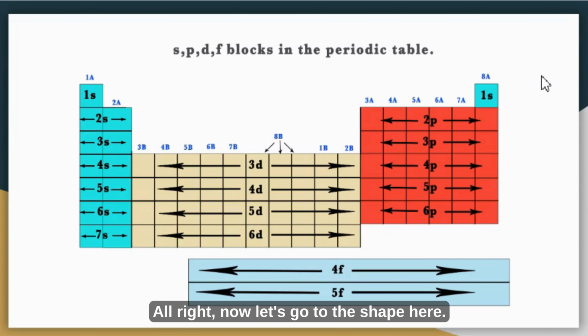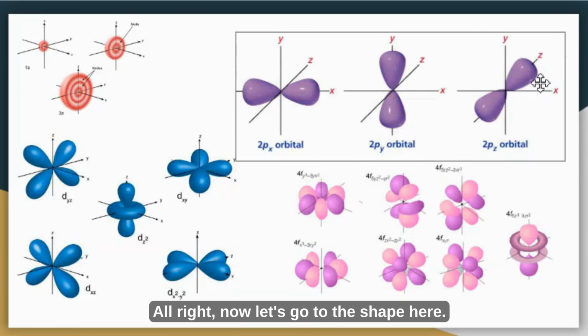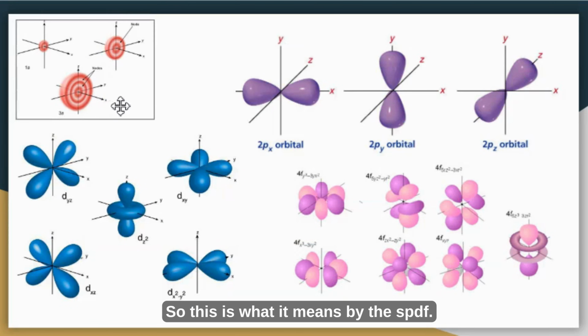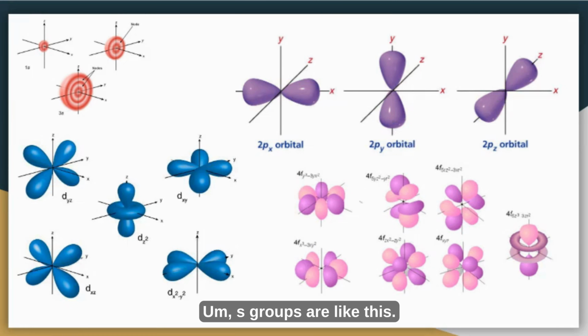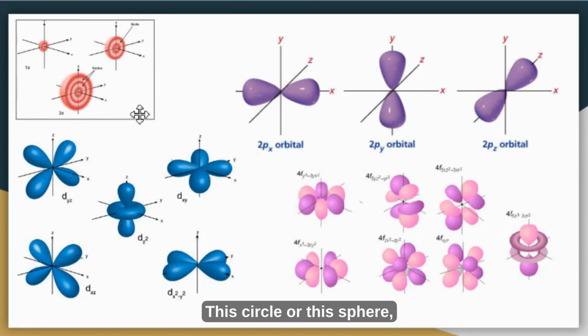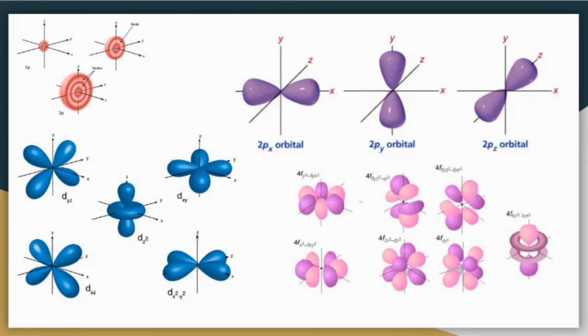All right, now let's go to the shape here. So this is what is meant by the SPDF. S groups are like this circle or this sphere, just like a ball.